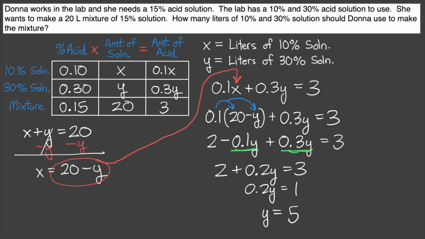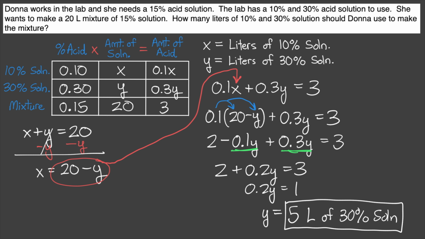All right, so we have calculated y, which is the number of liters of 30% solution that we need. But here they're asking for both of the solutions, the amount that we need from the 10% and the 30%. So y, we have 5 liters of 30% solution. So there's one answer. And then the next answer, we just have to solve for x. So I'm going to go ahead and plug in the 5 here to solve for x.